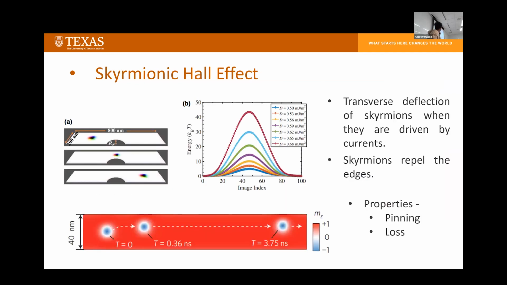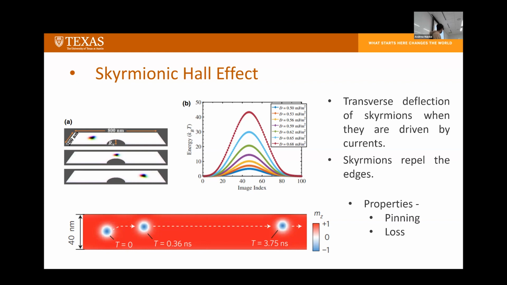Coming to the skyrmion Hall effect, you will already know what a Hall effect is. If you have an electric field across a strip and you have a magnetic field perpendicular to the plane of the strip, you will basically have a transverse electric field in the strip. The skyrmion Hall effect is basically the same, except you have motion of the skyrmions instead of the electrons.